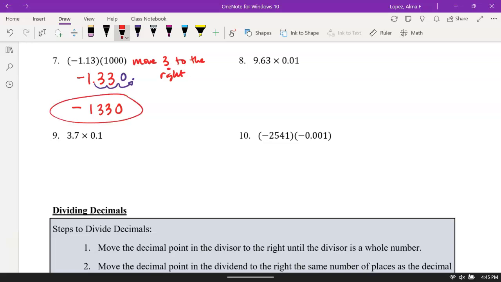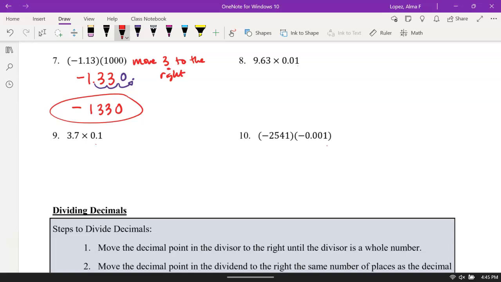Now, when we multiply by tenths or hundredths, which means they're decimal places now, you're going to go to the left. So when you multiply by 10, 100, 1,000, you're making something bigger, so the decimal moves to the right. When you're multiplying by hundredths, tenths, or thousandths, you move the decimal to the left because you want to make it smaller.